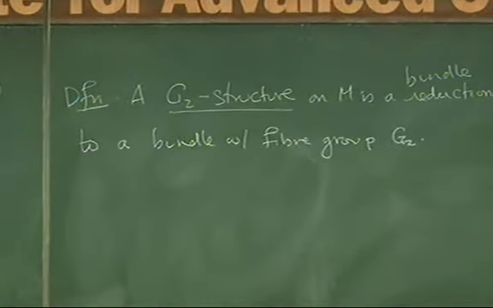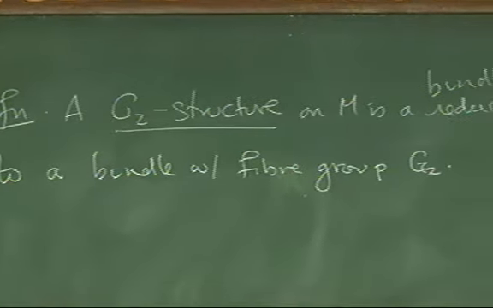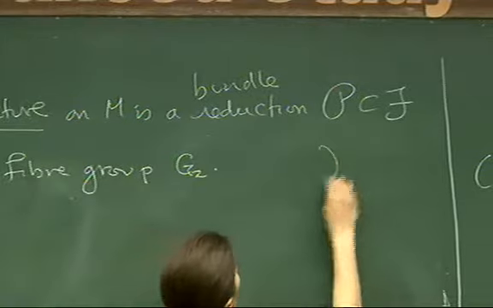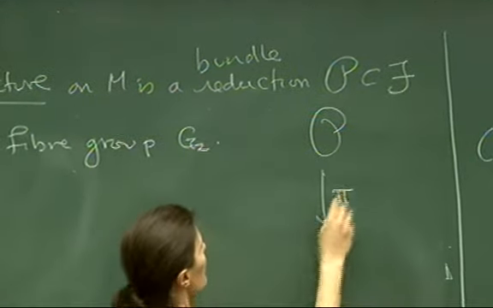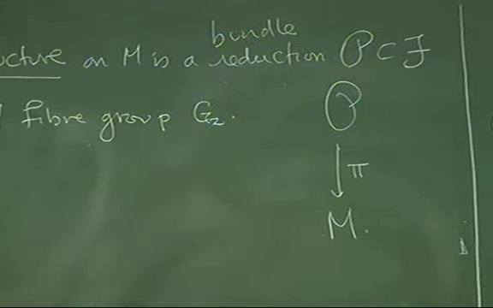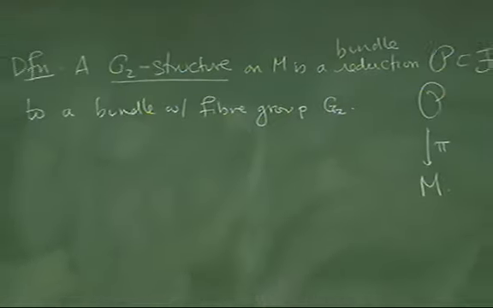Not necessarily integrable at this point. In fact, that's what makes this problem kind of interesting. And let me call the projection from the principal bundle P down to M pi.